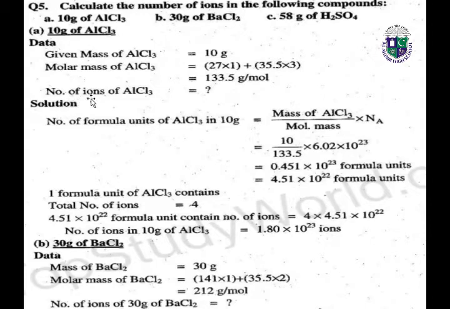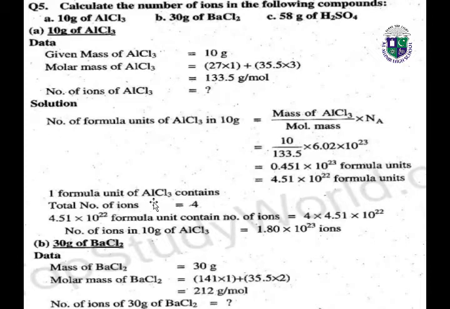We have to find the number of ions of aluminium chloride. So the number of formula units of AlCl3 in 10 grams is equal to mass of AlCl3 over molar mass, into Na. We know the value of Na. By dividing and multiplying, we get the formula units, which is 4.51 × 10^22.